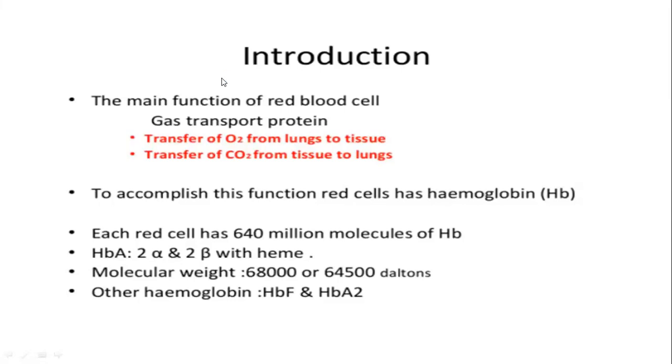But here I've just demonstrated that there's a fetal hemoglobin we call hemoglobin F. The adult hemoglobin is called hemoglobin A, and more often than not, we just write it as HbA. Sometimes others write it as HbA1 because we also have HbA2. HbA2 is a little different from HbA1.